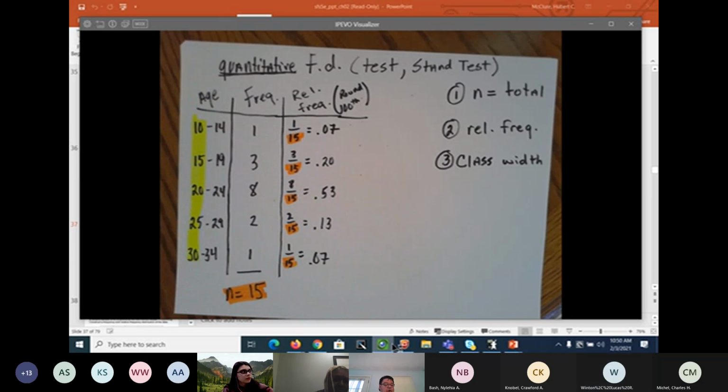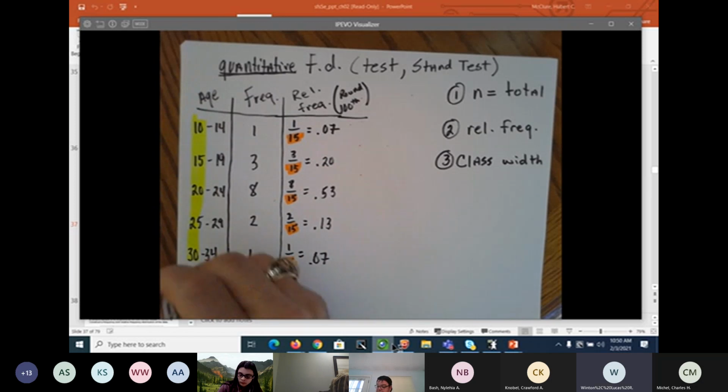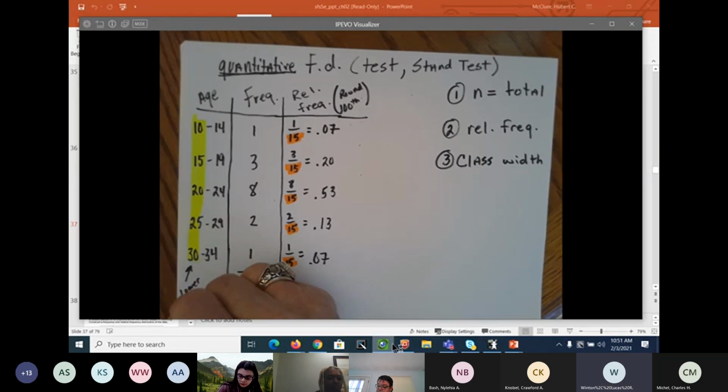That's called lower class limit. Write that down. Lower class limit.